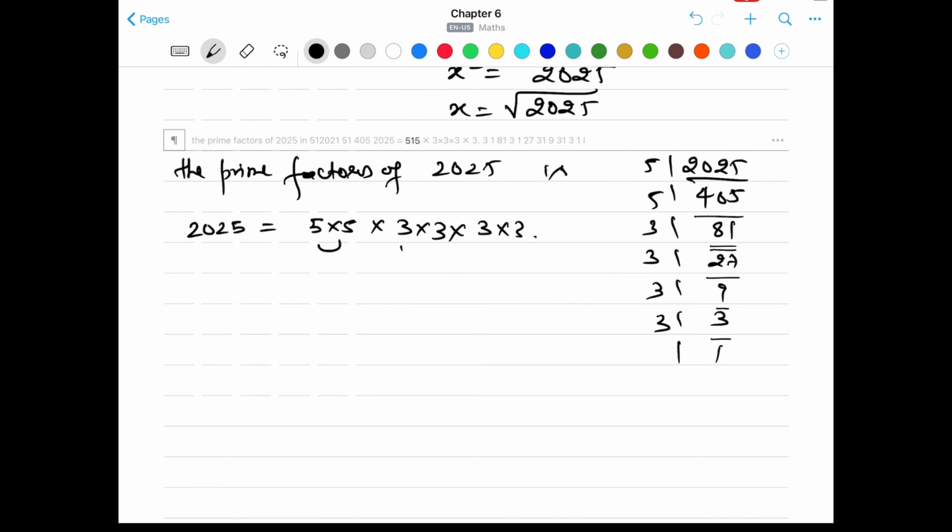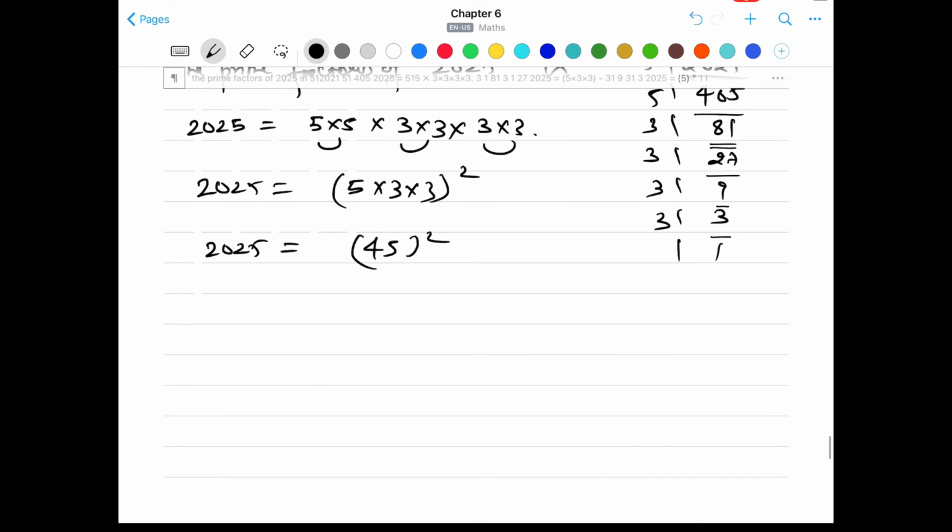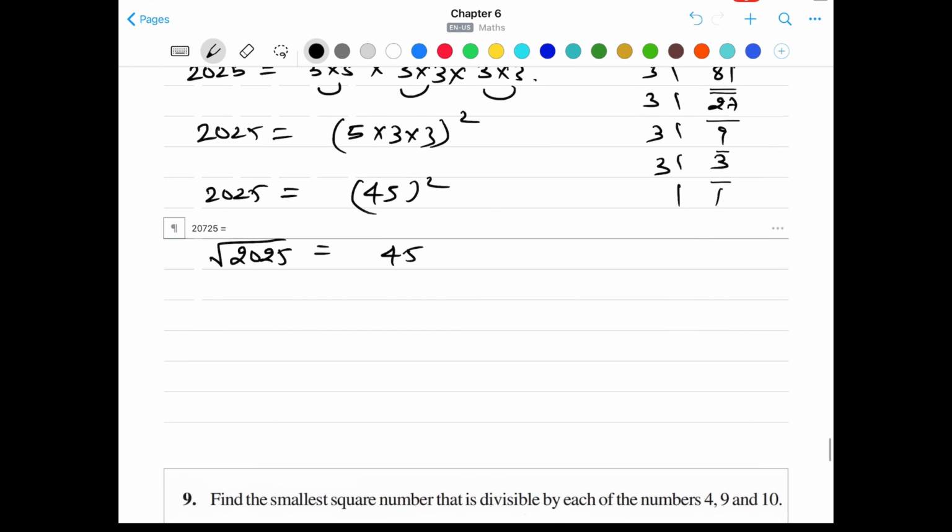Now we have to make the pairs. We have one pair of 5, one pair of 3, and another pair of 3. So this can be written as 2025 equals 5 into 3 into 3 whole square. This 5 into 3 is 15, 15 into 3 is 45, so 2025 equals 45 whole square, or the square root of 2025 is equal to 45.